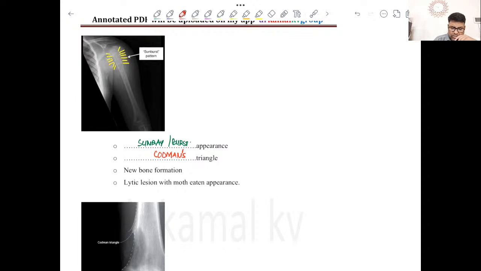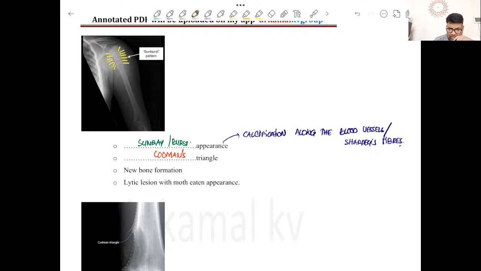The sunray or sunburst is because of calcification, which may be along the blood vessels or Sharpey's fibers. Clear? This is one thing.